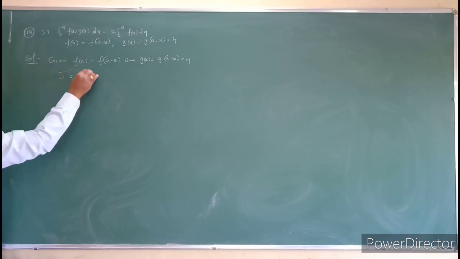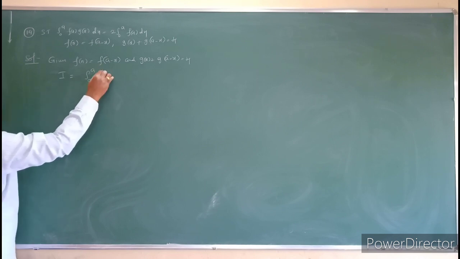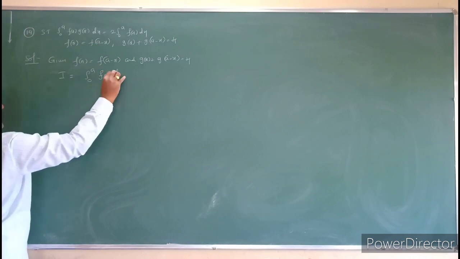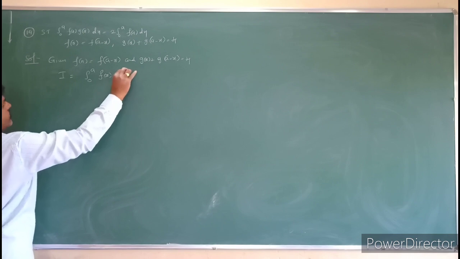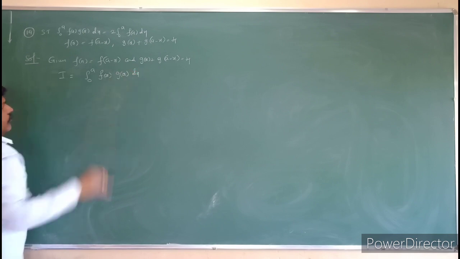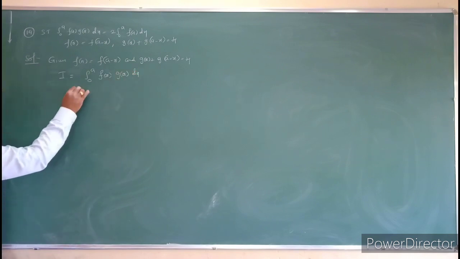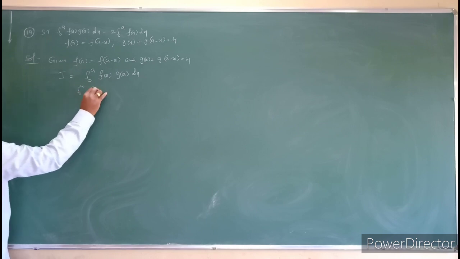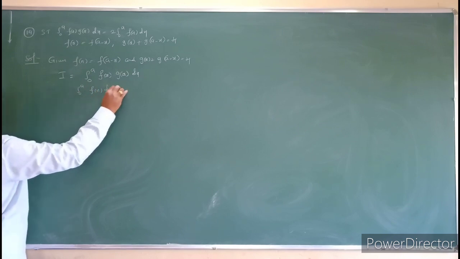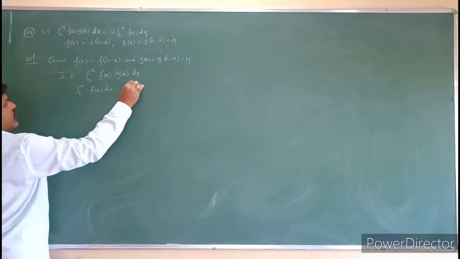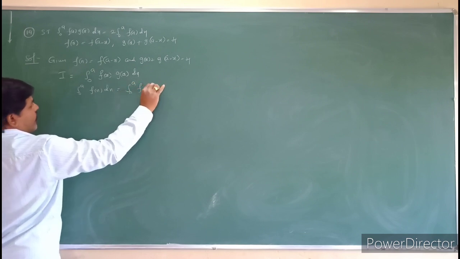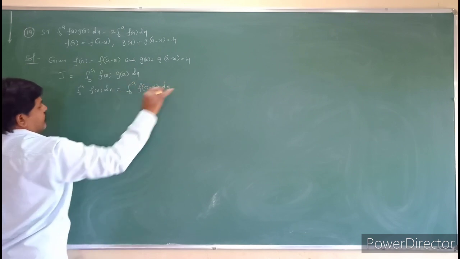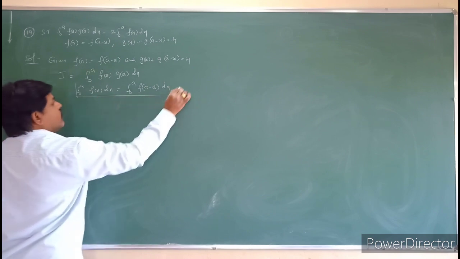So already we have the formula: the integral from 0 to a of f(x) dx can be written as the integral from 0 to a of f(a − x) dx.